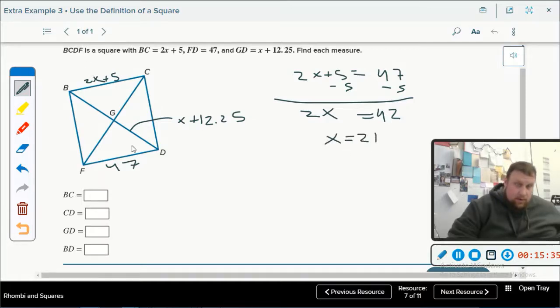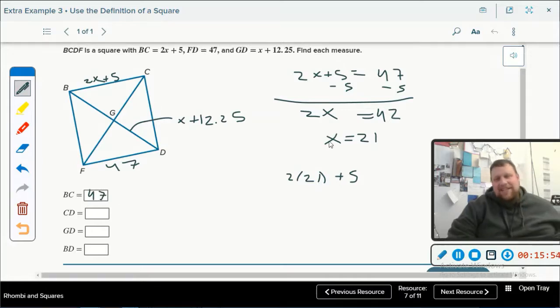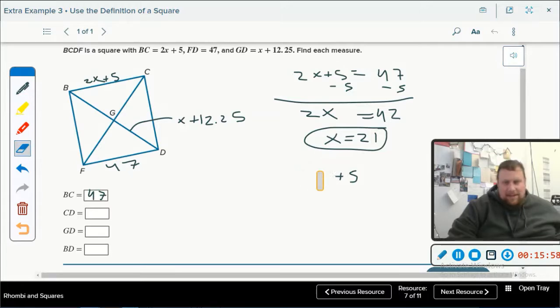If x equals 21, I'm going to plug 21 in for that, so 2 times 21 plus 5. Oh my gosh, you guys are going to laugh at me. I solved for x, which I needed to do, but I already know that this is 47. I didn't even have to figure that out. I did need to solve for x, so it's important that x equals 21.